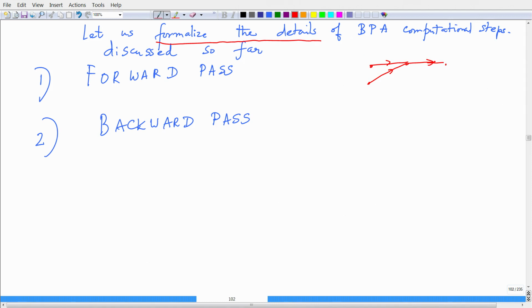But in the backward pass, from the output neurons you basically have the error signals, or I would say the local gradients of the errors that will get propagated, scaled by the synaptic weights times the derivative of the activation function.